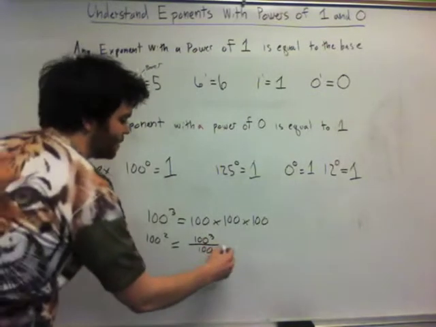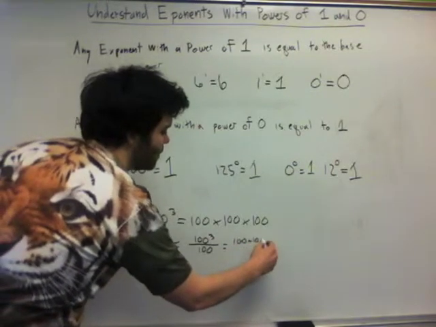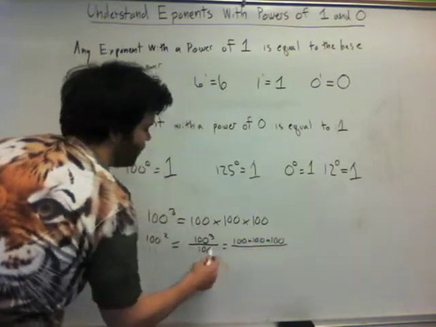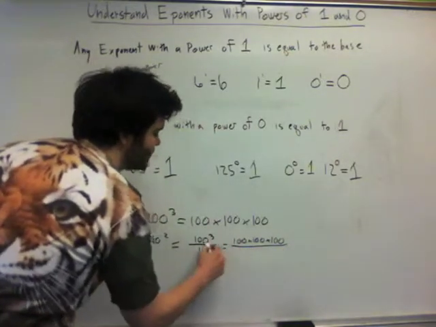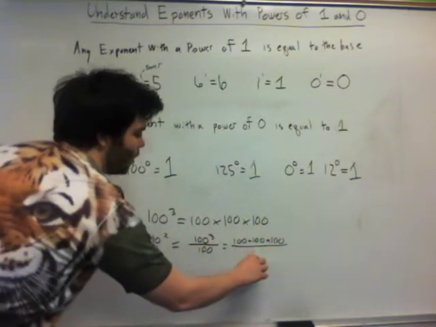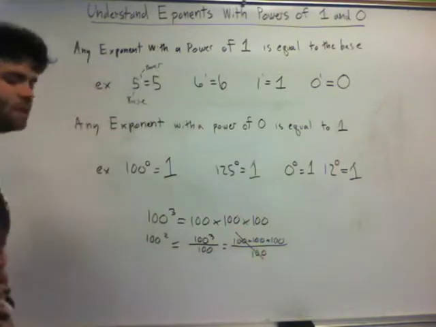And let's see what that looks like. Well, 100 times 100 times 100, well, that's going to be equal to, well, we've got this numerator, right? So we just expanded out this 100 to the third to 100 times 100 times 100, and now we got a 100 on the bottom. Well, we can just cross this out, just like that, right?